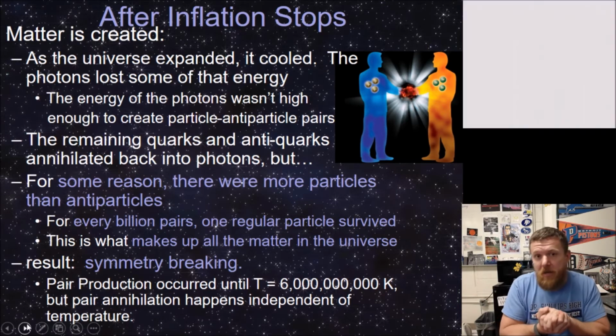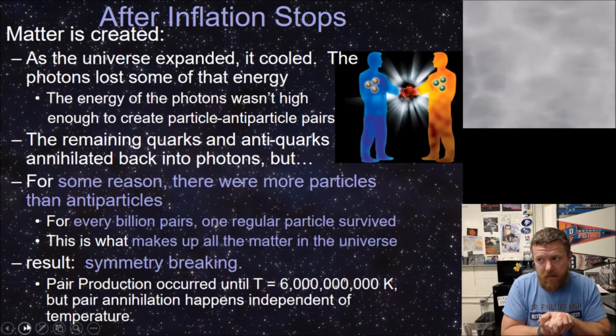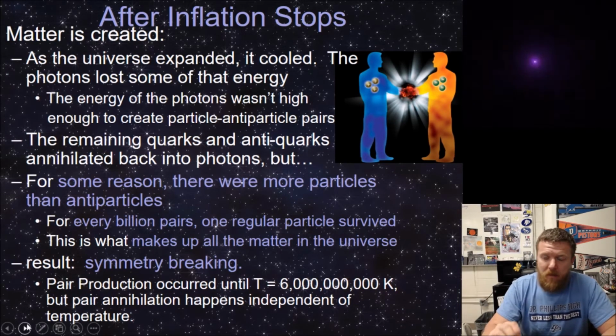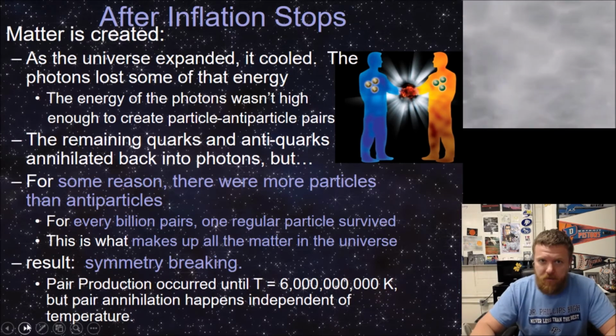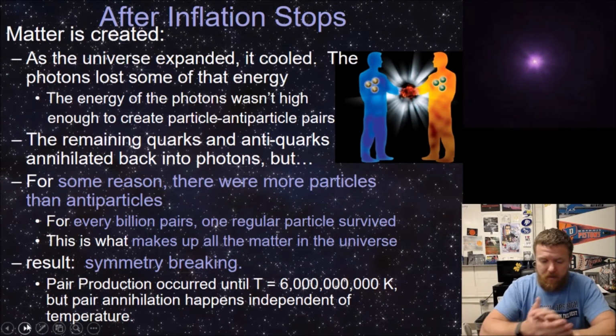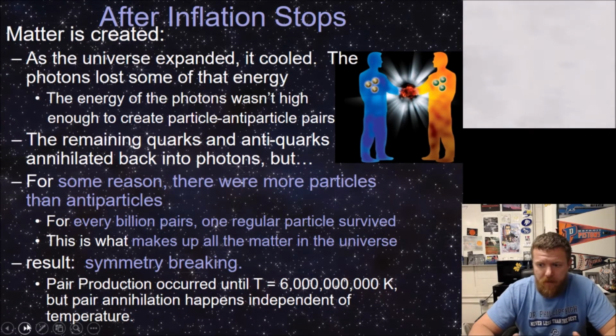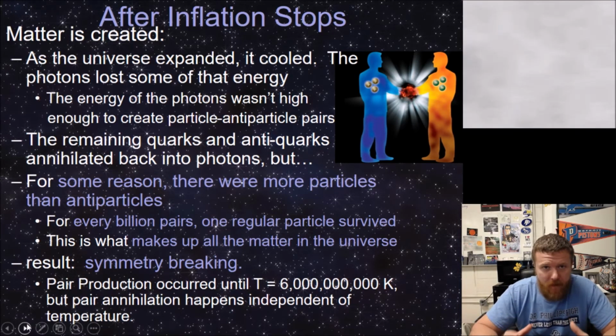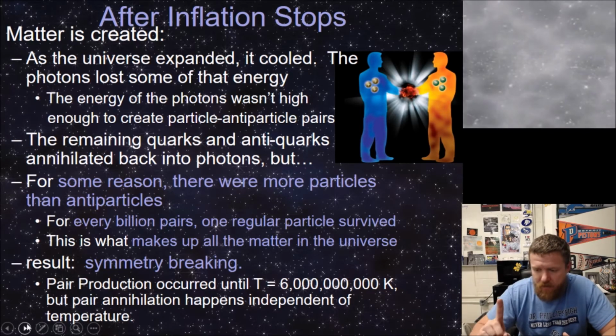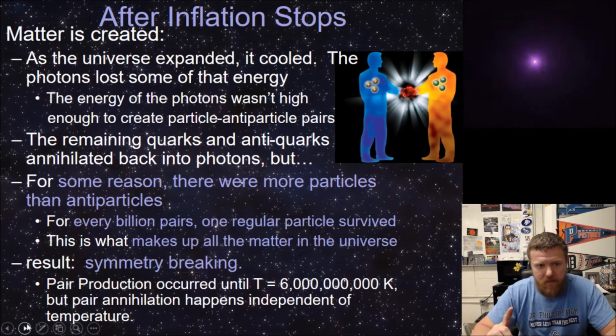And so what should have happened, thank goodness it didn't, is that every quark found an antiquark and annihilated back into energy. Every electron found an anti-electron and annihilated back into energy. For some reason, and we don't know what it is, there were more particles than antiparticles. Out of every billion pairs, there was one extra particle than there was antiparticle.